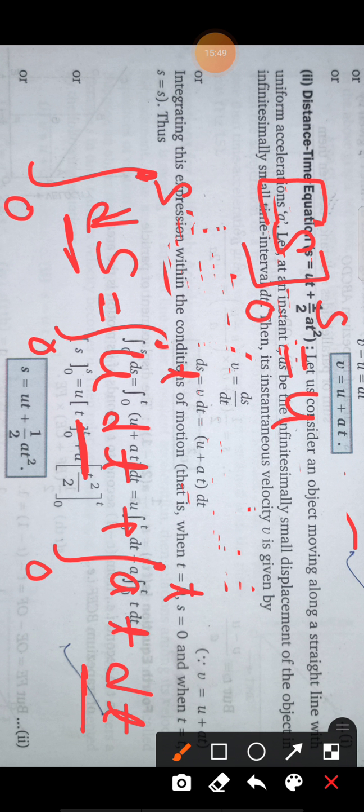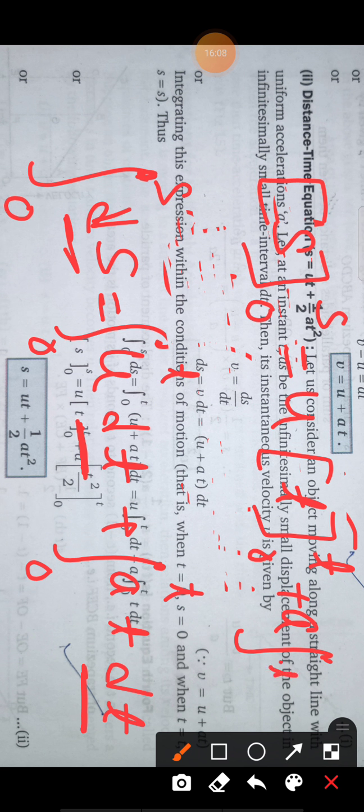Integration of dt is t, with limit from 0 to t, plus. Here also the variable is t, time is the variable. Acceleration is constant with respect to time, so you only have to integrate the t dt part, with limit from 0 to t.